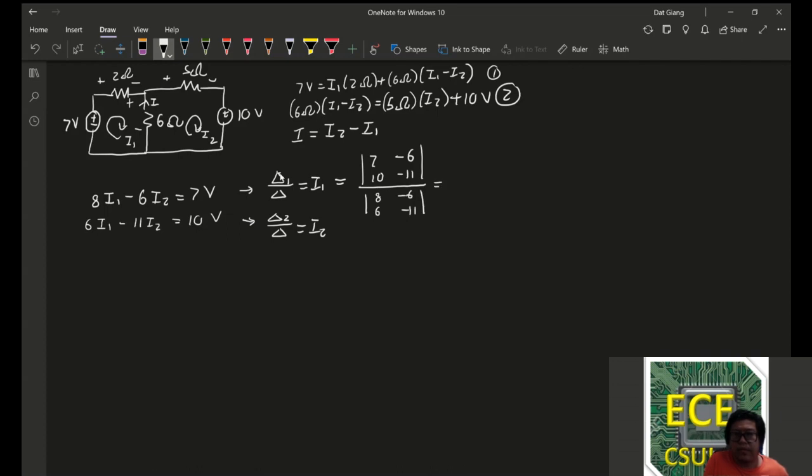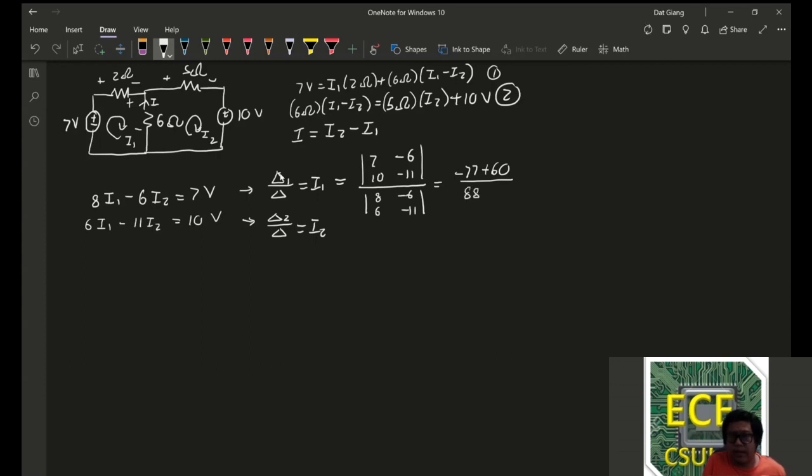So once we do that, to find the determinant, we do diagonal, anything we multiply to the diagonal right is positive, anything to the diagonal left is negative. So we have negative 77 plus minus 60, or just plus 60, divided all over 8 times negative 11 minus 36.